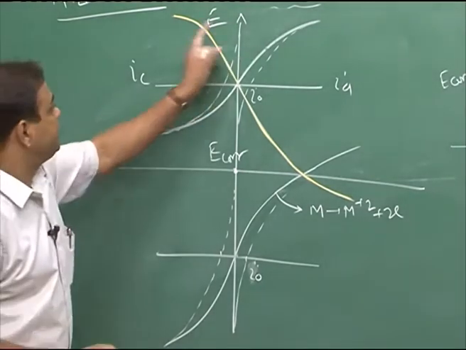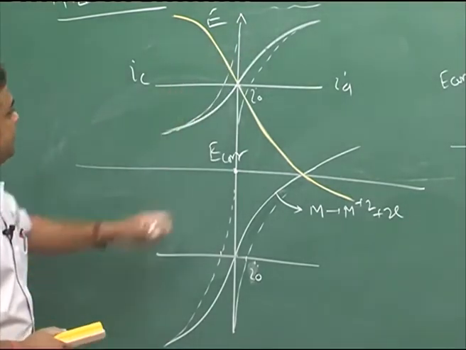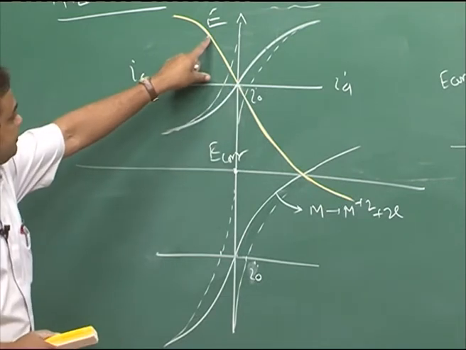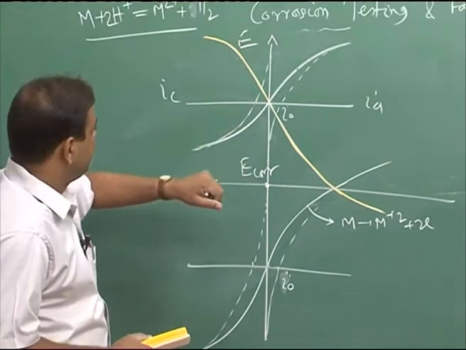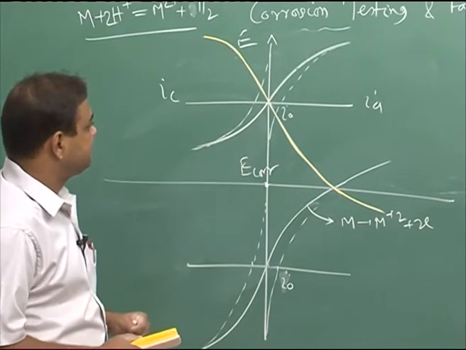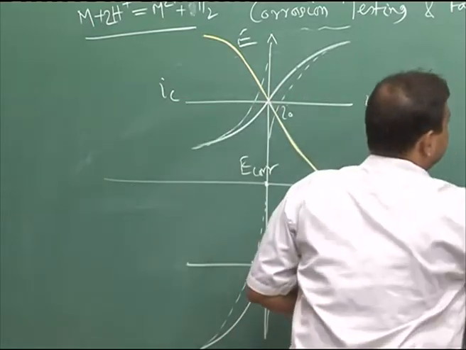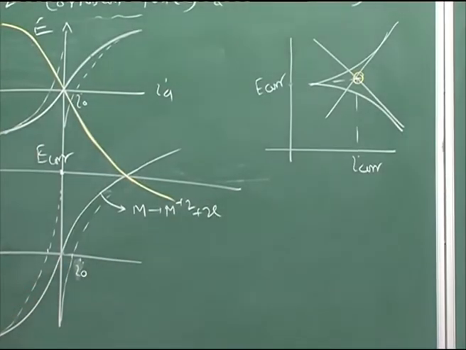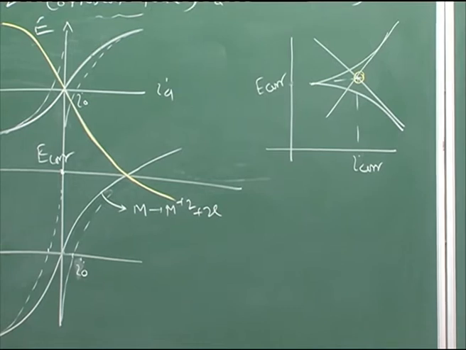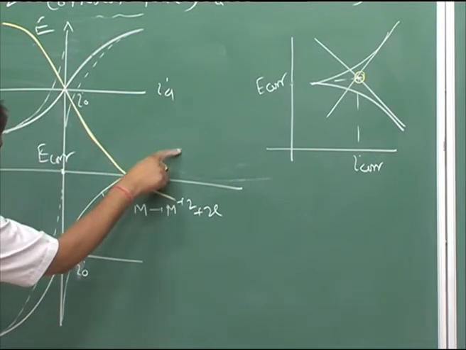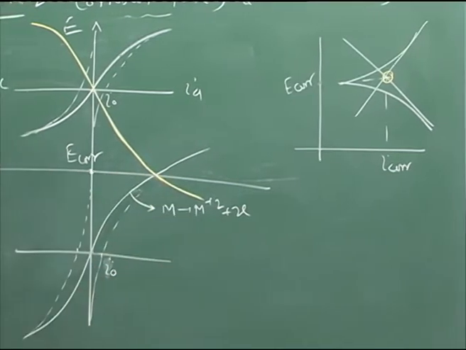If we draw a mirror image of this, then the rates of this cathodic reaction and anodic reaction would be the same at E core. This is the point where the anodic reaction rate and cathodic reaction rate are the same, where the I value for both reactions is the same. Now, this point would also pass through the junction point between this line and this line. Why?